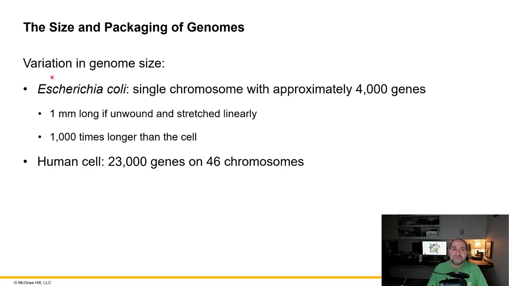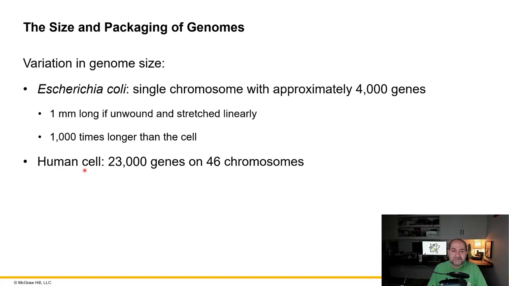Now, this leads to variation in genome size. E. coli, for instance, Escherichia coli, remember it has a single circularized chromosome. Well, that single chromosome houses approximately 4,000 genes.